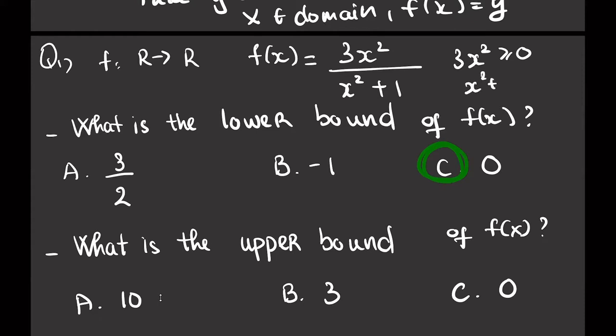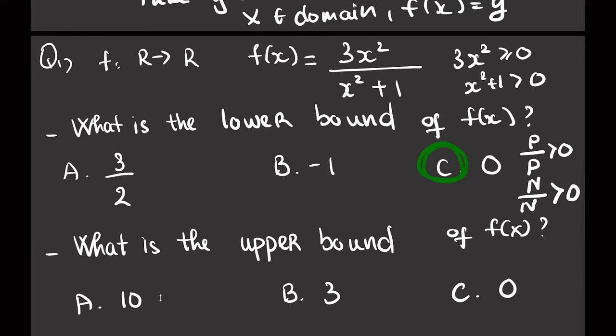And x squared plus 1 is greater than 0, right? And these are two non-negative numbers. So when you have a positive number divided by a positive number, it gives you a positive number. If you have a negative number over a negative number, it gives you a positive number as well.